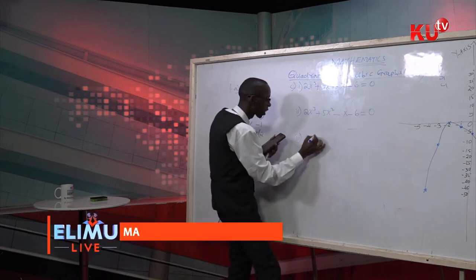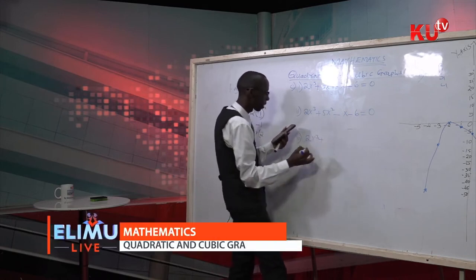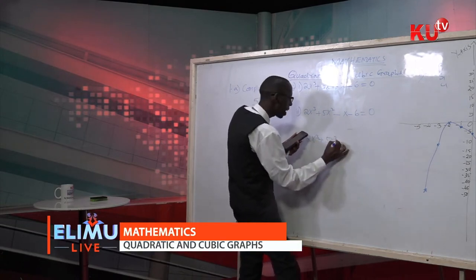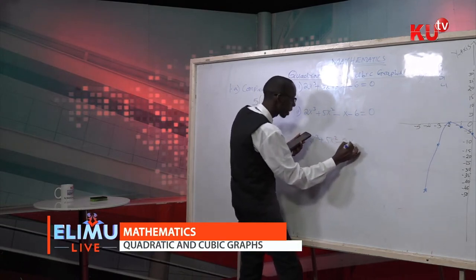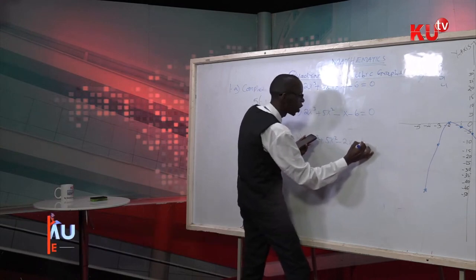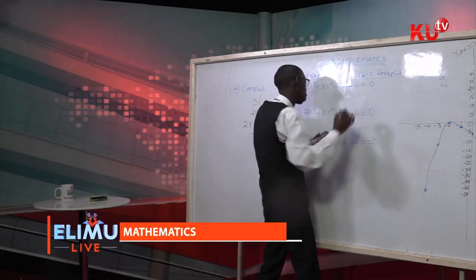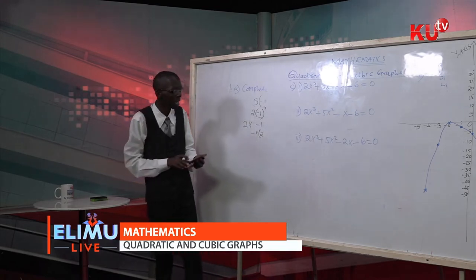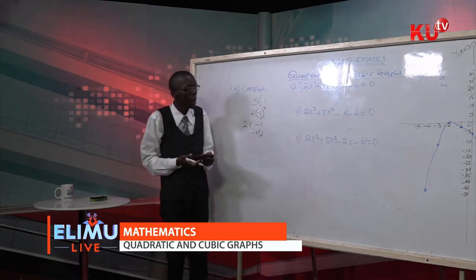And Roman 3, we are using the graph to solve 2x cubed plus 5x squared minus 2x minus 6 is equal to 0.